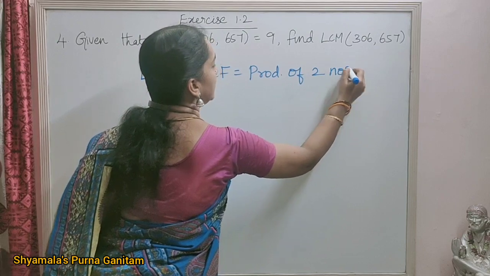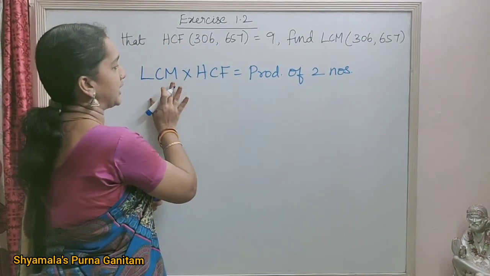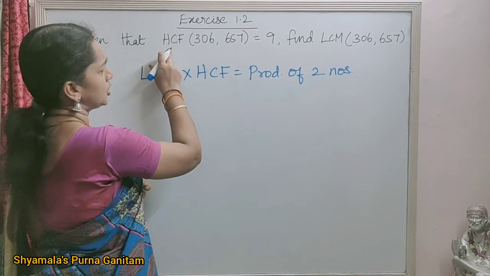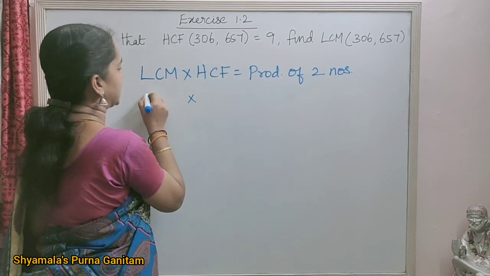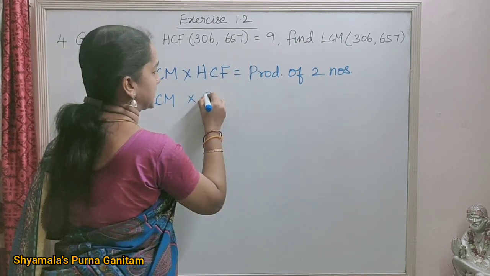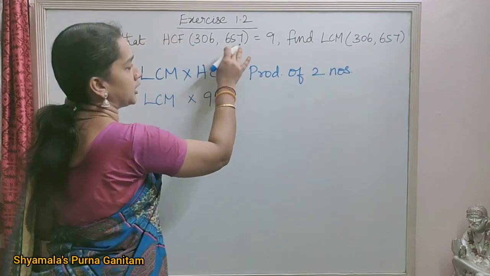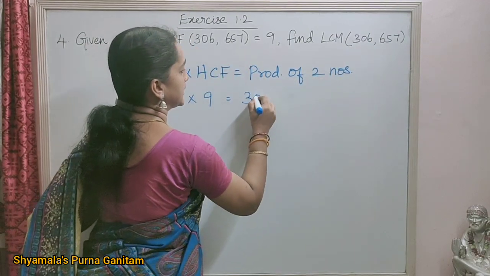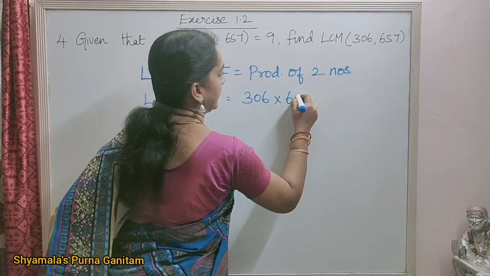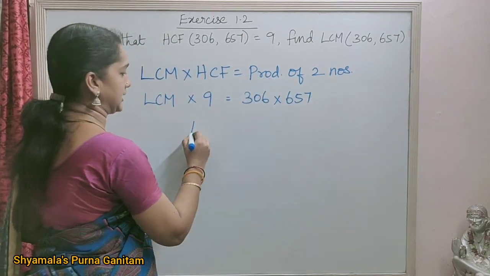So we will apply whatever is given in the question in this formula and we will find the LCM. The HCF of the two numbers is given as 9, equal to the product of the two numbers. What are the two numbers? 306 and 657.